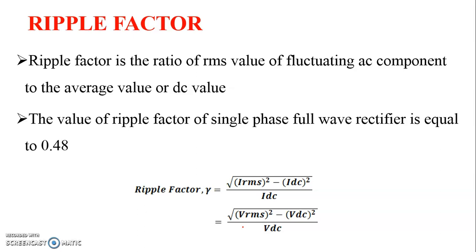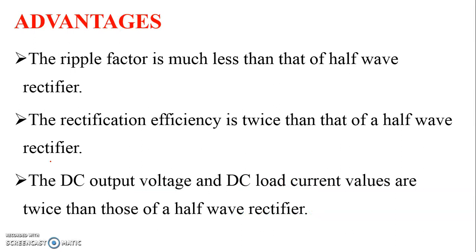The ripple factor value of a full wave rectifier is nearly 0.48. The formula for calculating ripple factor is the root of (IRMS² minus IDC²) divided by IDC, or (VRMS² minus VDC²) by VDC. Substituting all the values in this equation, we get the ripple factor value of nearly 0.48 for the full wave rectifier.